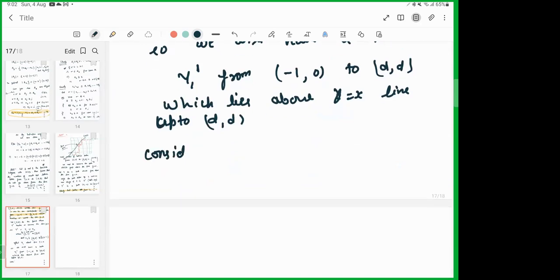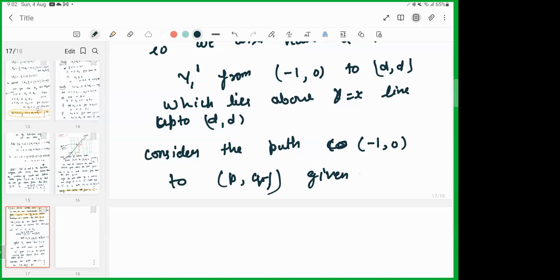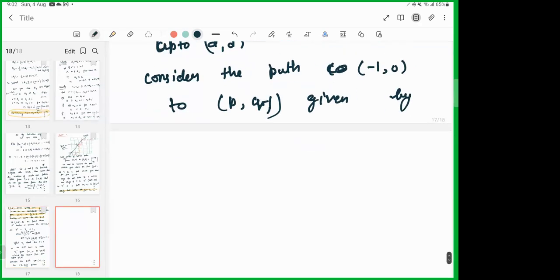Consider the path from -1, 0 to p, q minus 1, given by this concatenation, the joint of the two. Let's call it gamma prime star, that is gamma 1 prime union gamma 2.